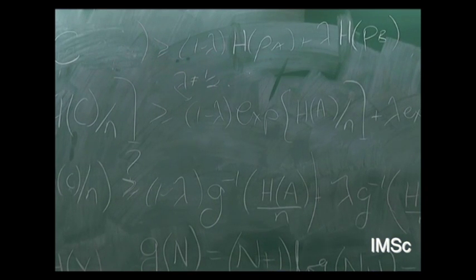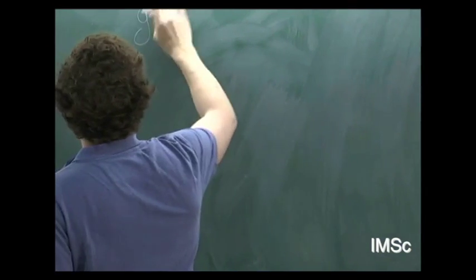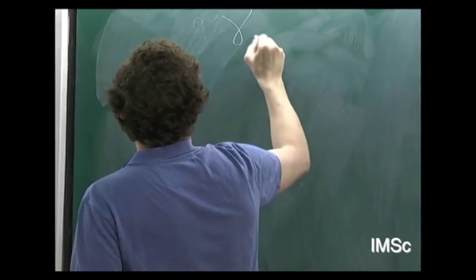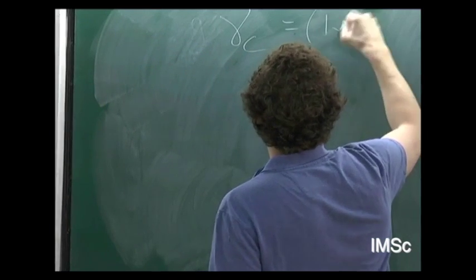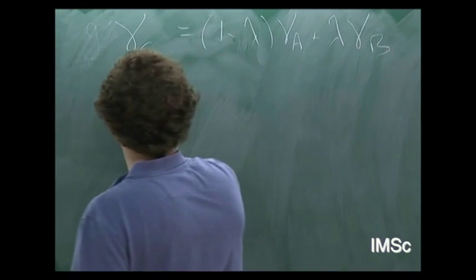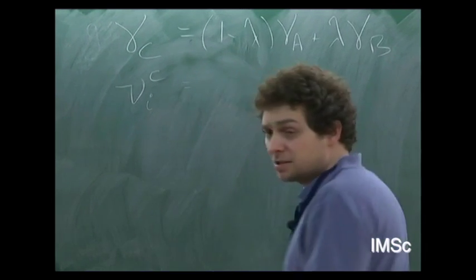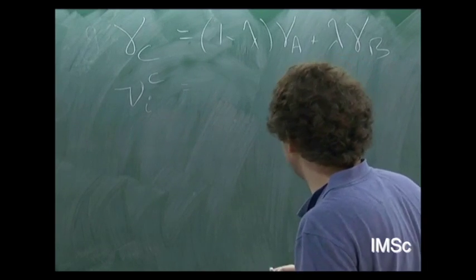So then we can ask, what does this say? I'm going to use some bad notation again. I'm just going to call gamma of C equal to 1 minus lambda gamma of A plus lambda gamma of B. And I'll call the symplectic eigenvalues of this gamma sub I of C. Basically, all of these inequalities are about the relationships between this guy's symplectic eigenvalues and these symplectic eigenvalues.